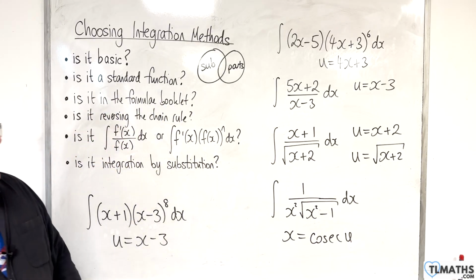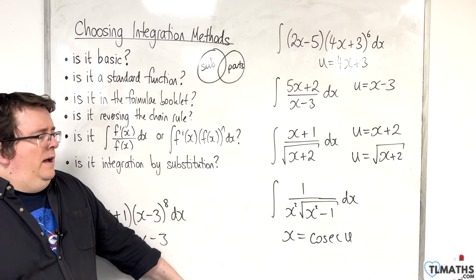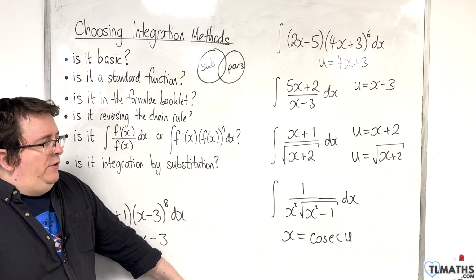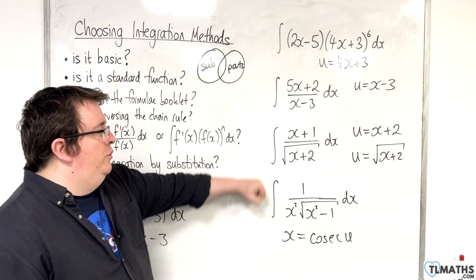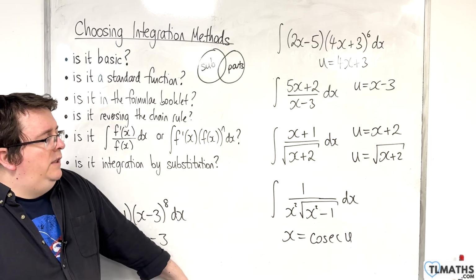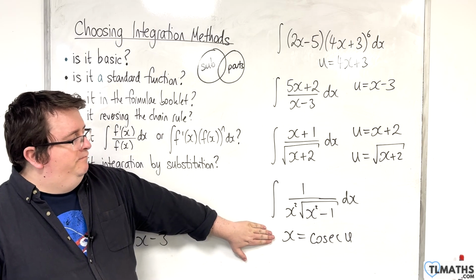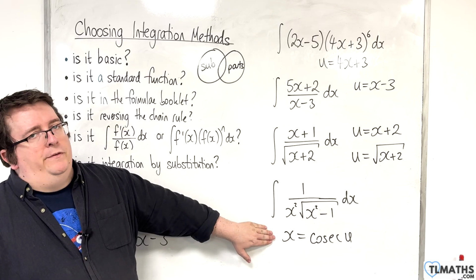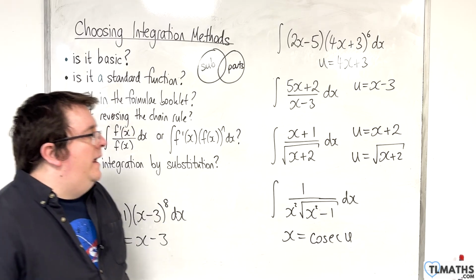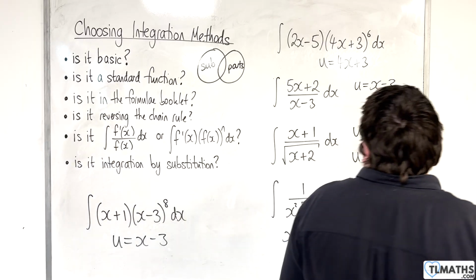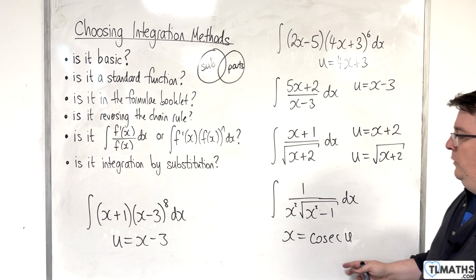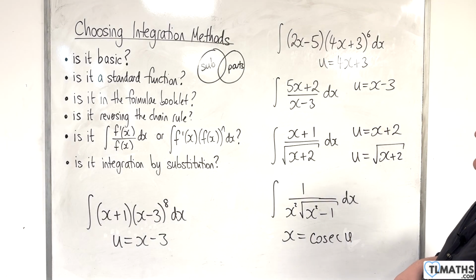Cosec of u, and that will work fine. Memory serves, I think there is another substitution that you could use for this one as well. But this came up over 10 years ago now in an old exam paper. So x equals cosec u was the substitution given for that.